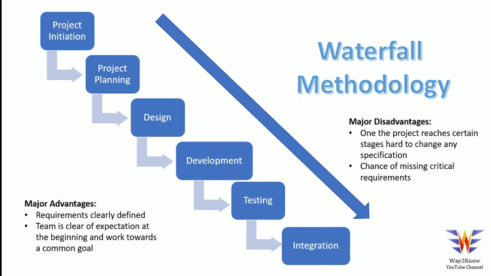Another disadvantage with respect to waterfall is that, for example, we have come up with the requirements at the beginning, and the design team started working on it, and the duration of this project is around 6 to 8 months.